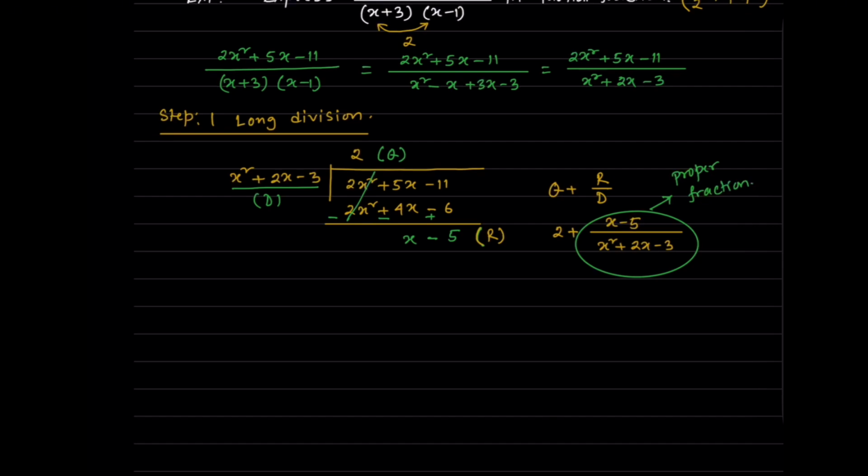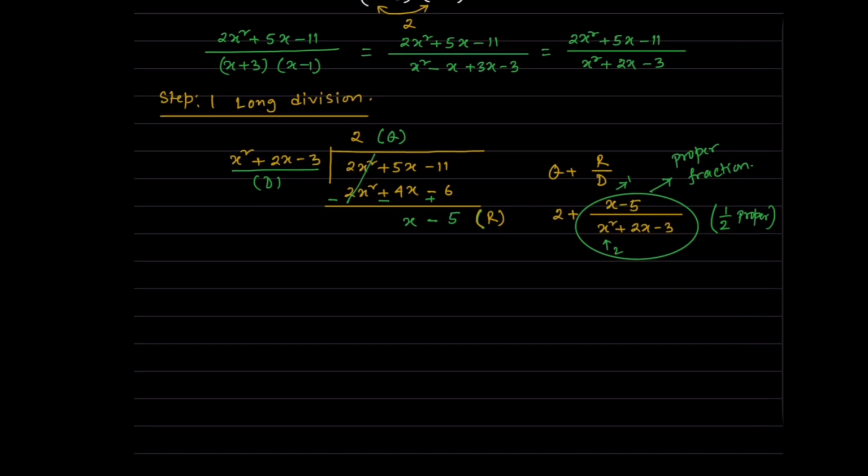The power of x in the numerator is now 1, and in the denominator it is 2, so this is 1 by 2, which means it is proper. So now we just do the proper fraction condition, whatever we have learned before, exactly the same thing. So step 2.